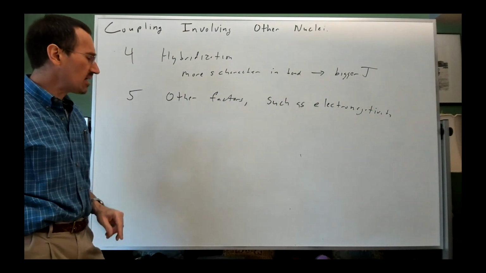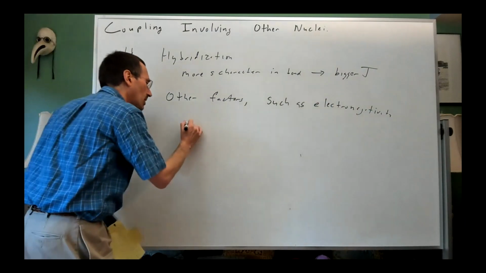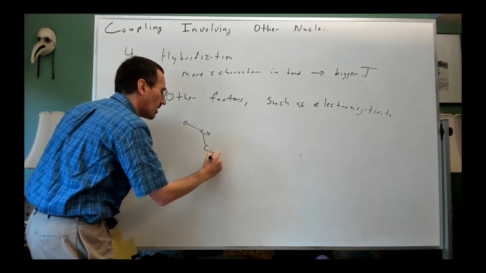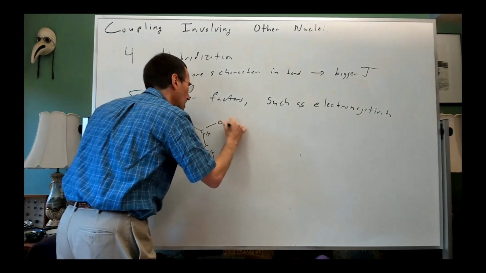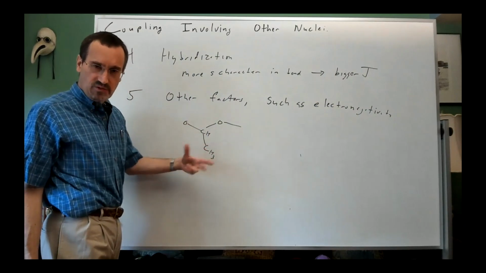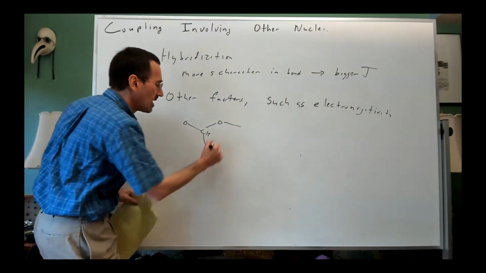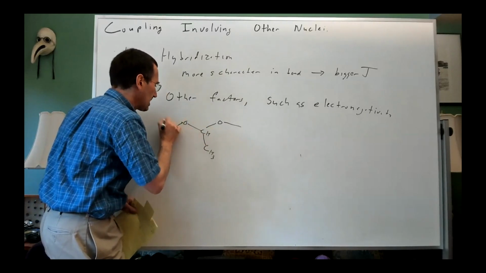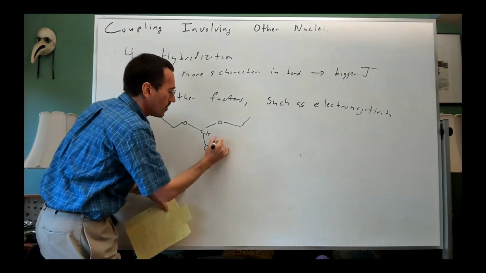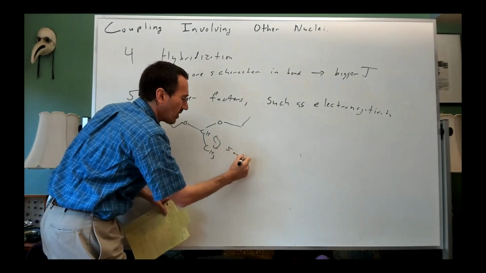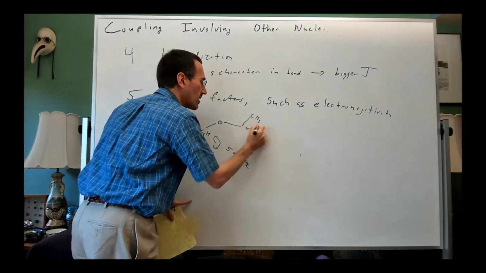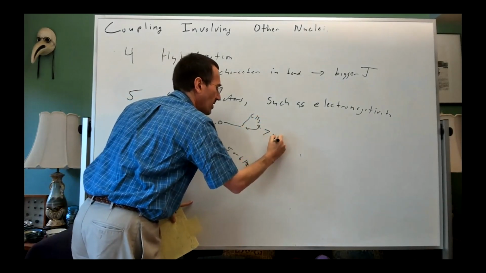Normally I say that a typical coupling constant might be 7 hertz. This coupling in an acetal is ever so slightly smaller. This coupling might be on the order of 5 or 6 hertz, versus, say, this coupling here that might be on the order of 7 hertz.